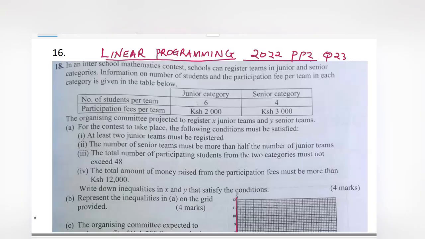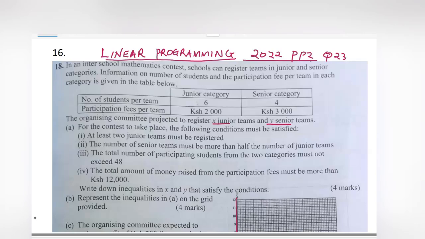The organizing committee projected to register X junior teams and Y senior teams. For the contest to take place, the following conditions must be satisfied. 1. At least 2 junior teams must participate.